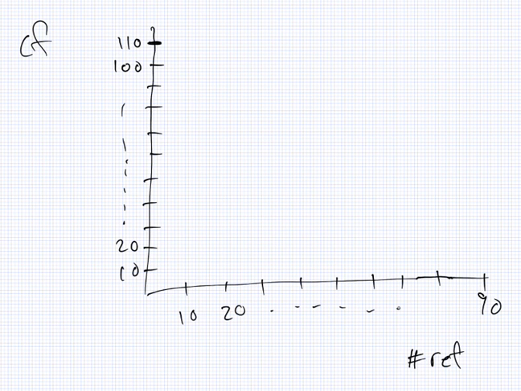Alright, what's the first point? It's the upper and the CF. 19.5 and 5? Okay, next one? 29.5 and 19. Okay. Next one? 39.5 and 36. Next one? 49.5 and 59.